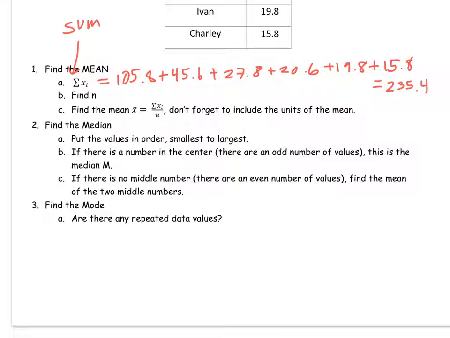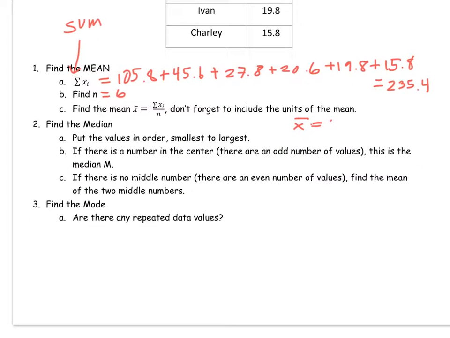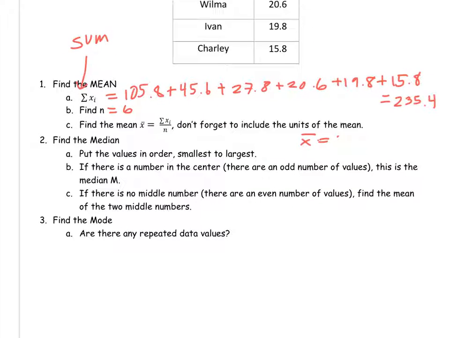Part B, find n. n is the number of values. We have 6 values here. So then to find the mean, x bar is going to be the sum of the x values, the sum of x sub i, which is what we found in part A, so it will be 235.4 divided by 6.